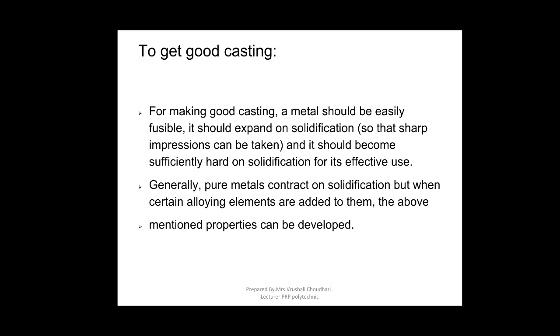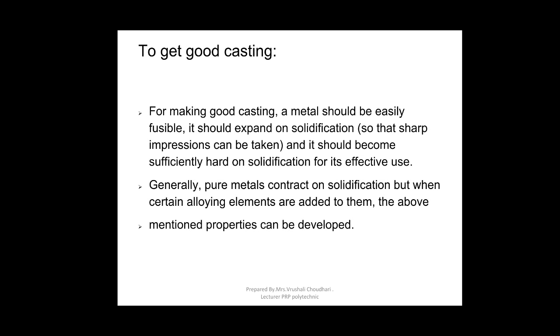To get a good casting. What is the meaning of casting? When we pour molten metal in a mold, and that metal takes the particular shape of that mold, it is called casting. For making good casting, the metal should be easily fusible. What is the meaning of fusible? It can convert into the molten form.